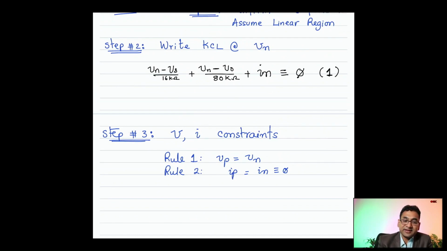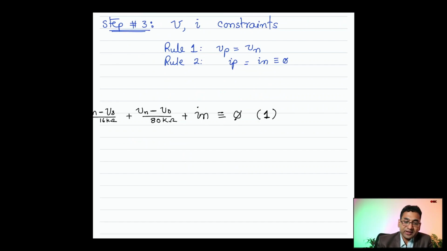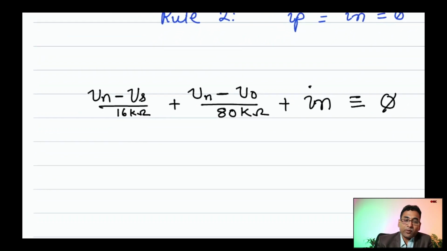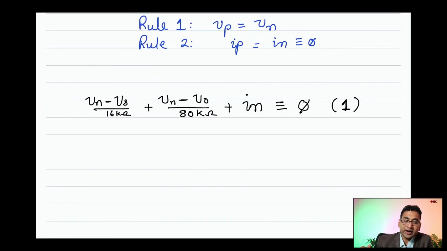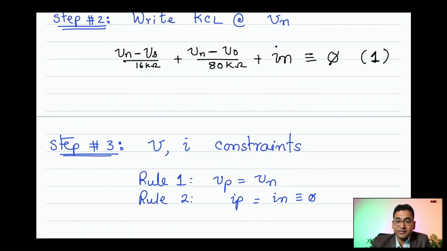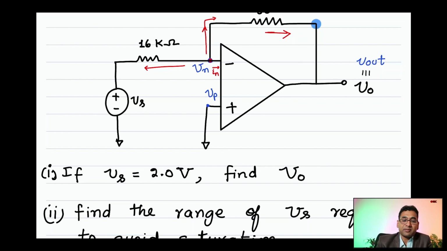looking at this. Okay, let me copy this equation, equation number 1. Now I'm going to apply rule 1 and rule 2. Vp equals Vn. Well, what do I know about Vp or Vn? Let me go back to this problem.